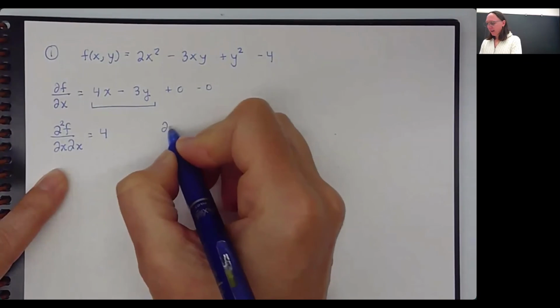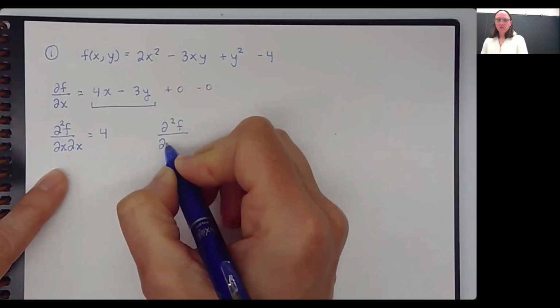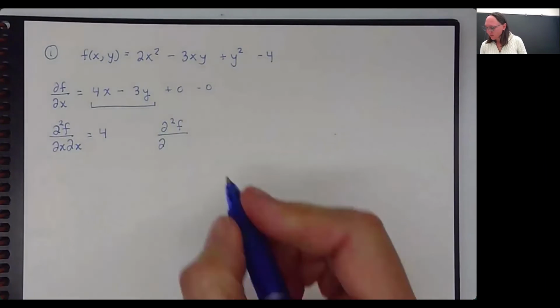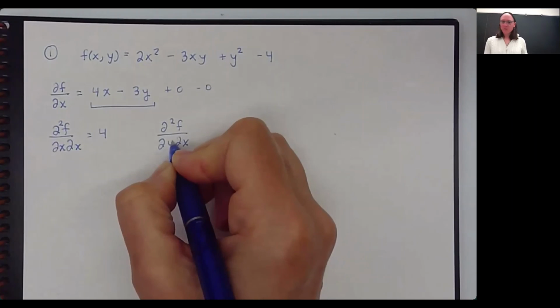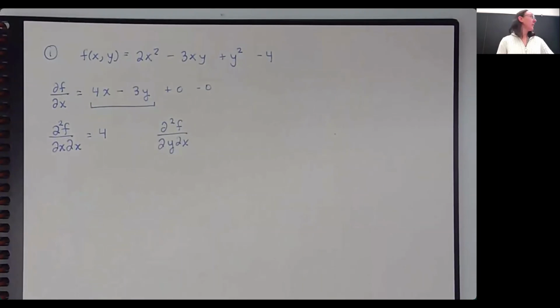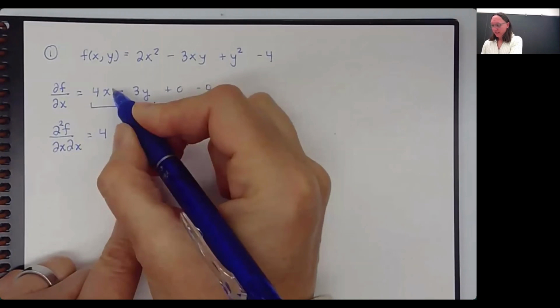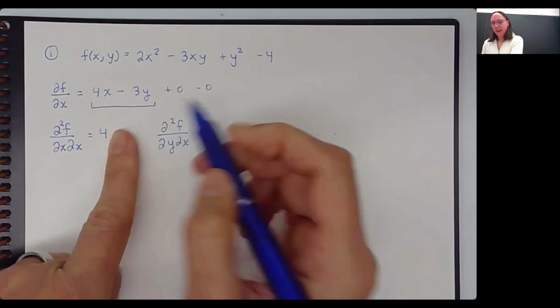If instead I was taking my second partial of f first with respect to x, then with respect to y, I'm looking at this function and saying now if I take the partial with respect to y, I get -3.